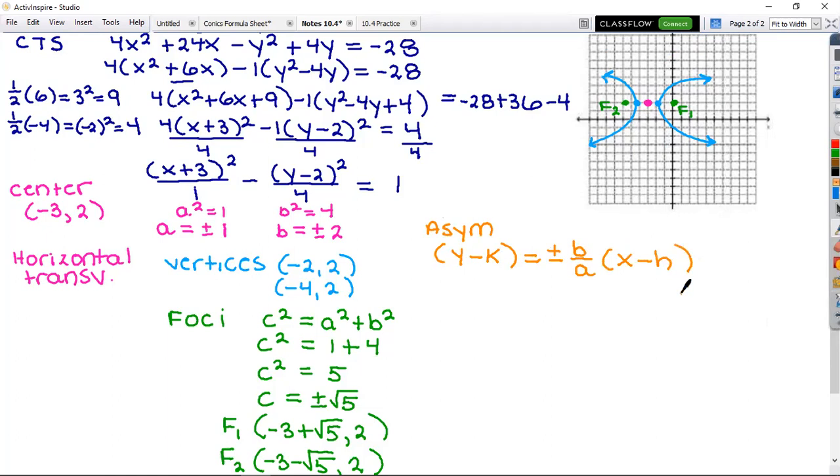All right, sub these in. I'm looking for my center. y minus 2 is equal to plus and minus, where's b? So much information at this point. 2, and a was 1, and then this is x plus 3.